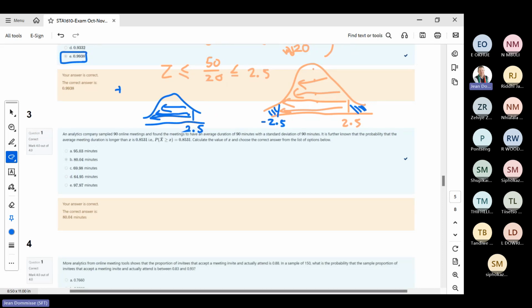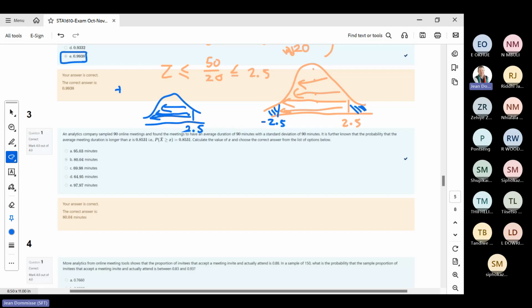Okay, so an analytics company sampled 90 online meetings and found the meetings to have an average duration of 90 minutes with a standard deviation of 90 minutes. Sure, just 90, 90, 90.